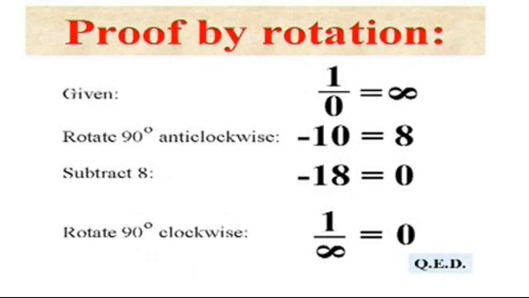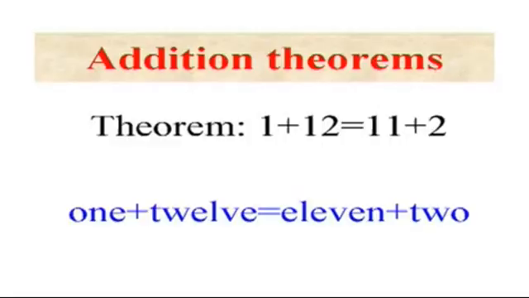And of course, you subtract 8 from both sides of the equation, which gives you minus 18 equals 0. But then you rotate back 90 degrees, and you conclude that 1 over infinity is equal to 0. One true statement leads to another true statement. It's purely rigorous.